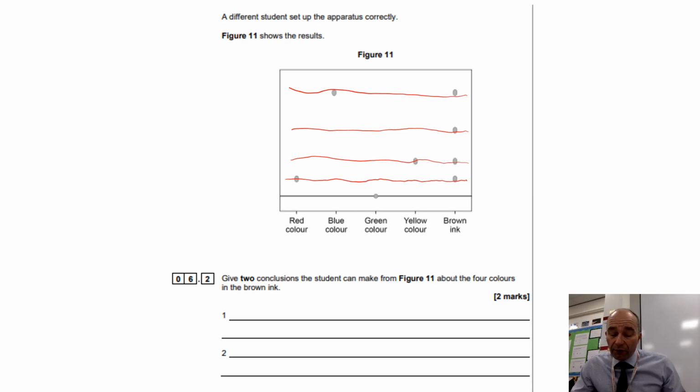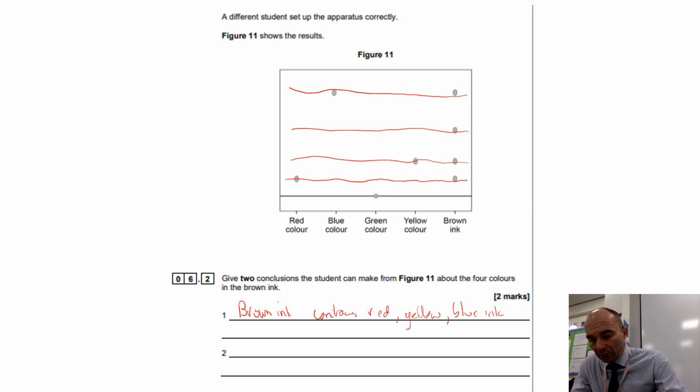Right, so we've got to give 2 conclusions the student can make about the 4 colours in the brown ink. The first, well, theoretically this is 3 separate conclusions. You could say brown ink contains, well, if you look, contains red, it contains yellow, and it also contains blue ink. So they're all possible conclusions.